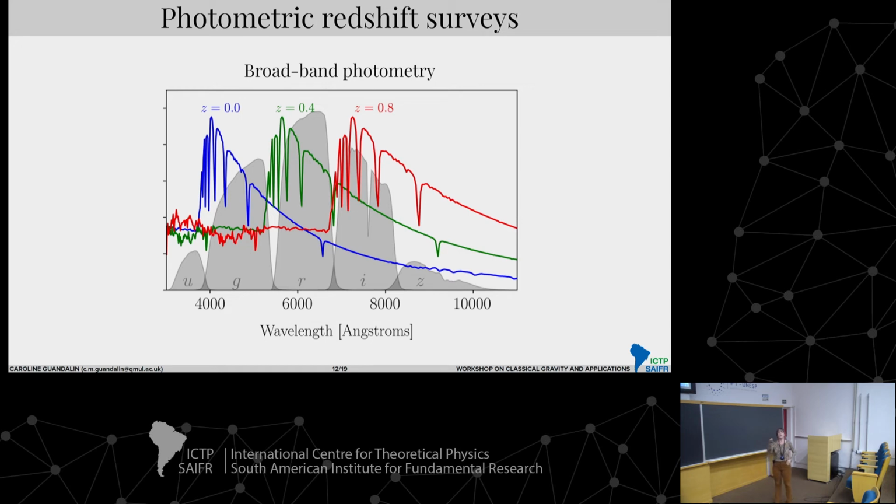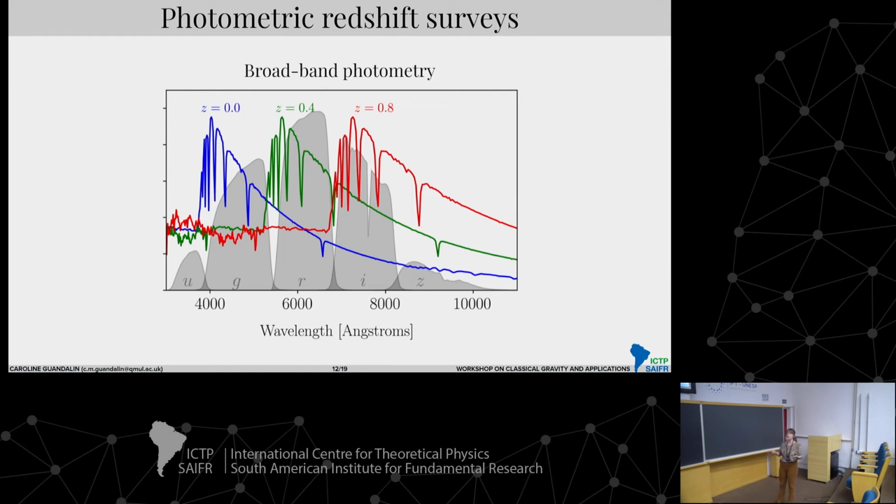And as Antonino showed in his talk about Euclid, if you have the photometric survey in Euclid, you can get of order 10 billion objects, while if you go to a spectroscopic survey, you have of order 10 or 30 million objects. So it's clear that if you do photometry, which is a faster way to get a rough estimate of your redshifts, you can get an order of magnitude more objects in order to do this kind of analysis.